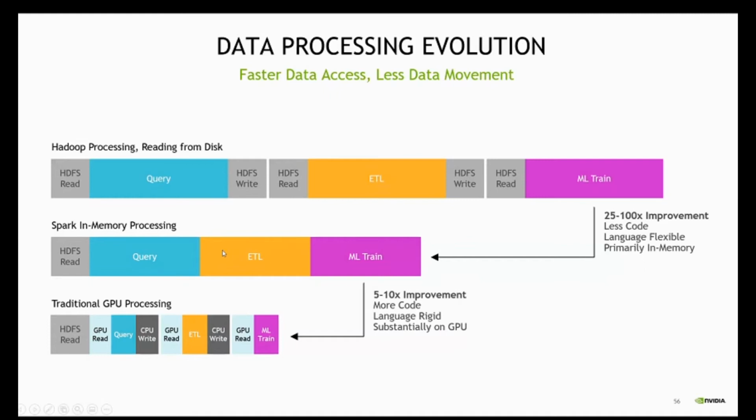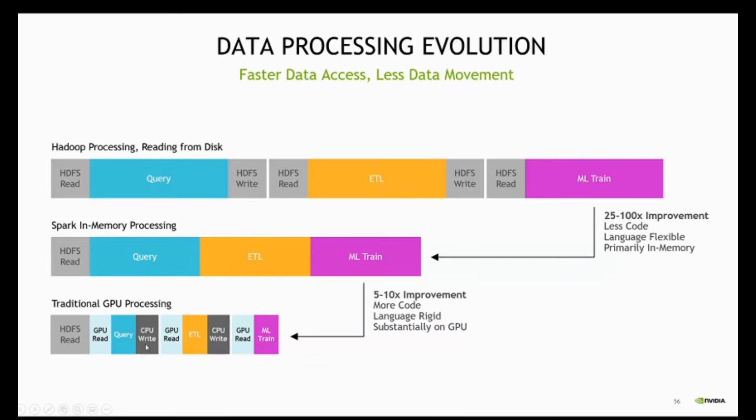Now, we moved to the next step, where we wanted to shift the cycles of these queries, ETL and ML training from CPU to GPU. If you look at traditional GPU processing, we first did the HDFS read, which means you're reading it into RAM. Then you move that data to the GPU, do the querying, and write the data back on the CPU.